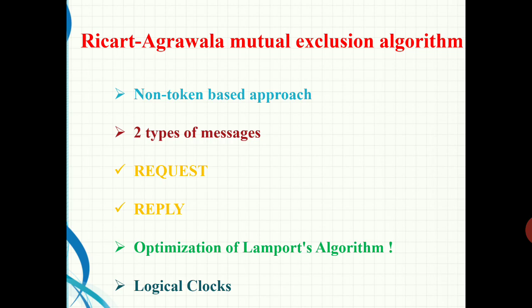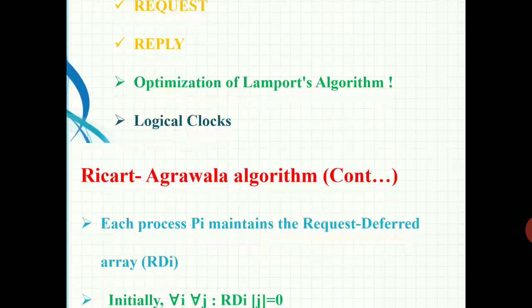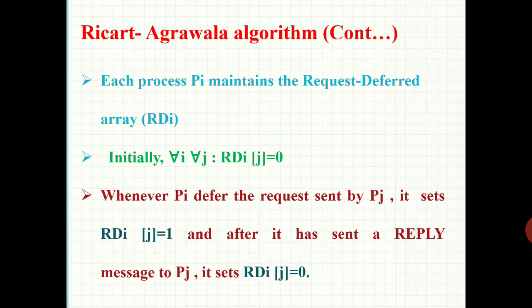The same thing that is applied in Lamport's mutual exclusion algorithm is also adopted in the Ricart-Agrawala algorithm. In addition to that, each process Pi maintains a request deferred array, denoted by RDi. That is the request deferred array of process i.